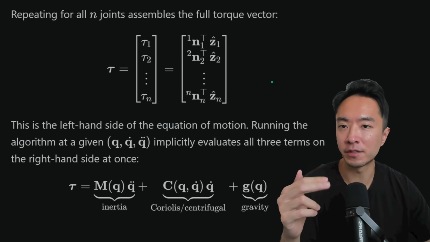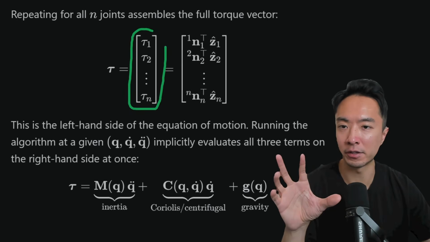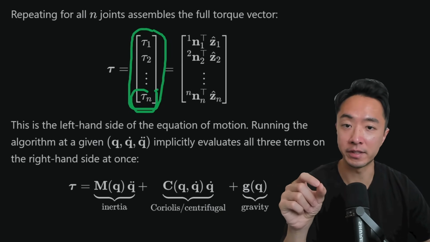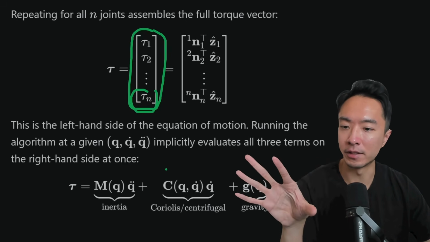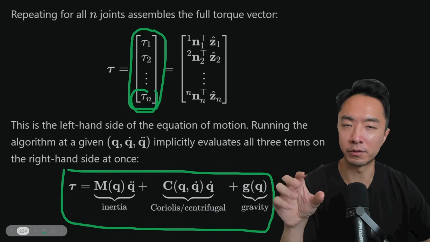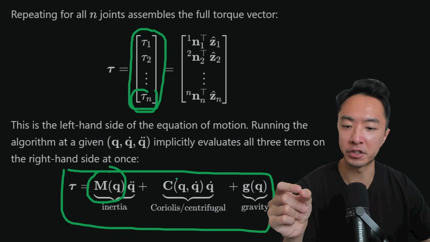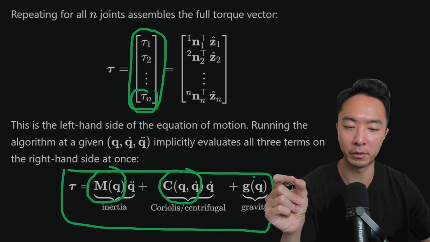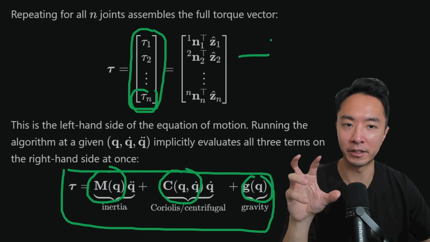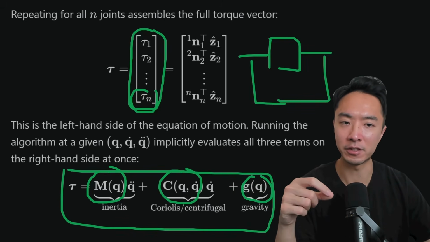So when you repeat the process for each joint, you're going to assemble this final matrix that's your tau here. And you have tau 1 up to tau n, where n is the number of joints that you have. And then you could break it up into this matrix form here. This is more common when you're dealing with different types of controllers where you want to actually pull out the different inertia, the Coriolis centrifugal, or the gravity matrix, because you might use some of these matrices in your block diagram where you're designing your feedback loop controllers for, like, gravity compensation, for example.